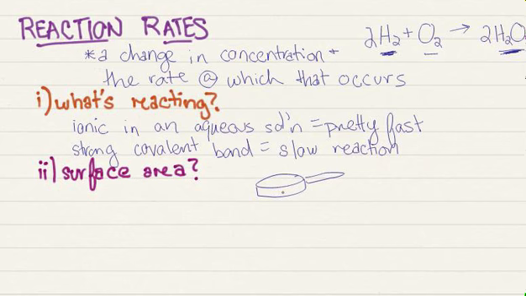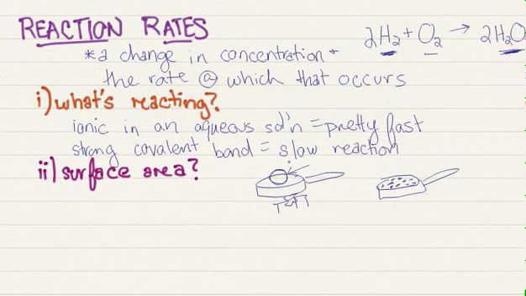But if I am trying to cook some onions over, let's say, a gas range, certainly, if I just plop my whole onion in there and I don't chop it, it's going to take a lot longer to cook than if I were to take the same onion, put it in the same pot, but chop it up first, right?